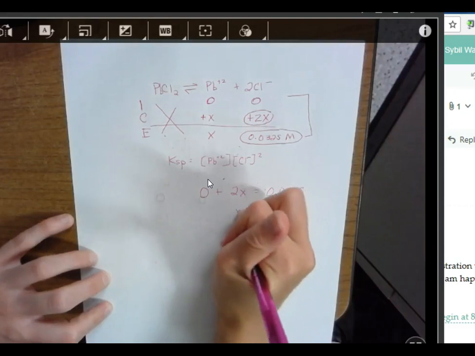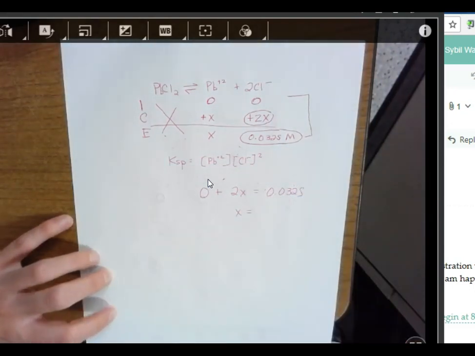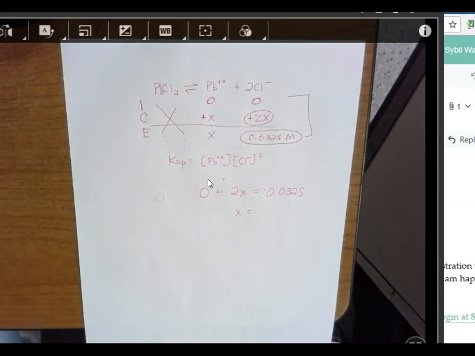So I need to know what x is. x is 0.0325 divided by 2, right? So x must be 0.01625. That's the concentration of my lead.